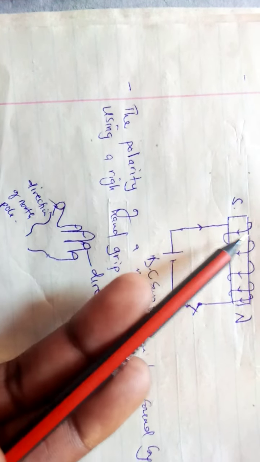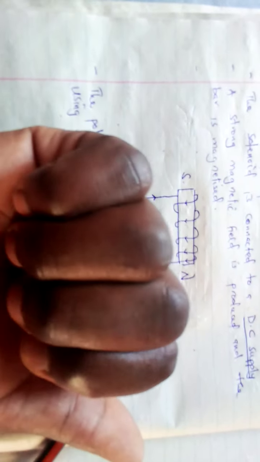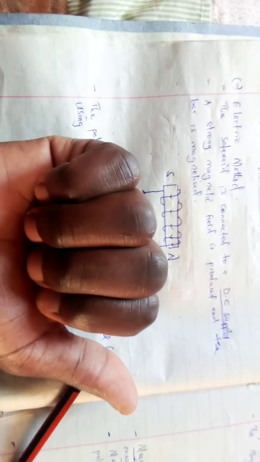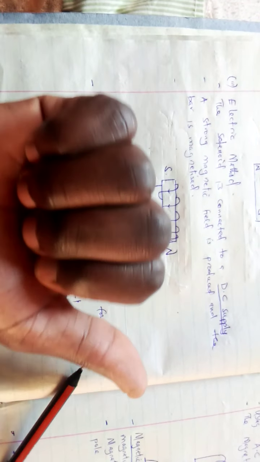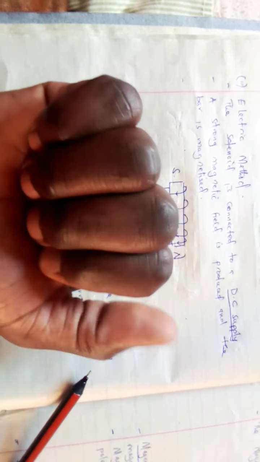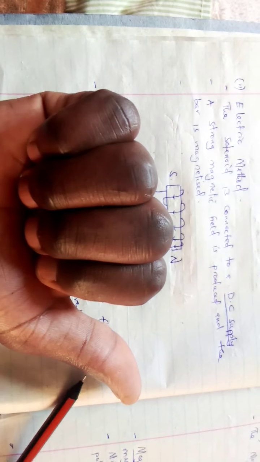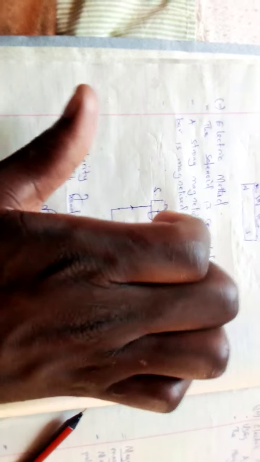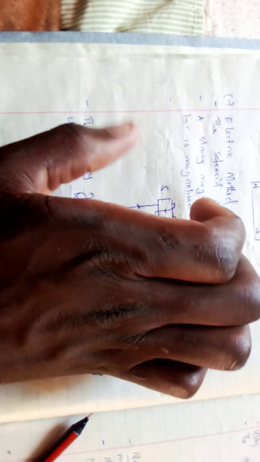The current is moving down, so you put the fingers like this, meaning that the side where the thumb is, that is where the North Pole is. If the current was moving up, you would put it like that, meaning this side is where the North Pole is. So this is how we identify the North Pole and the South Pole.